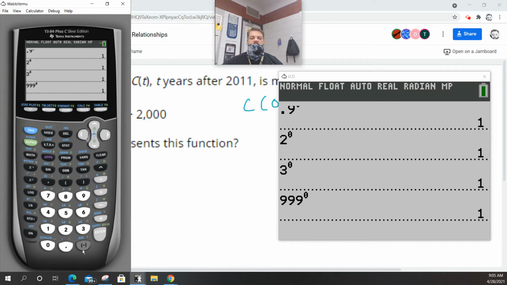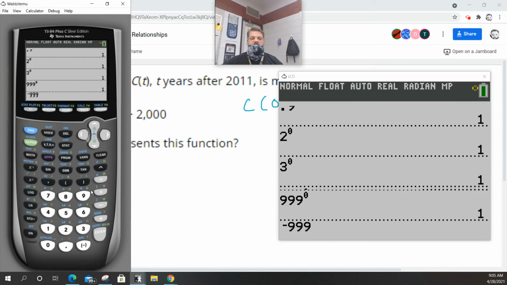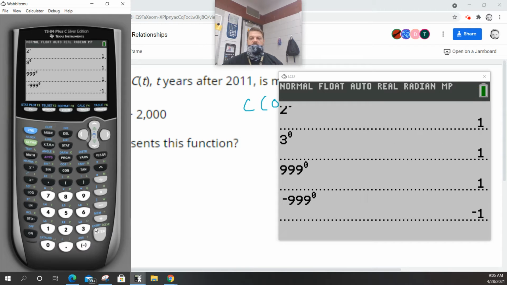They all equal 1. Now, if I do negative 999 and raise it to the 0, what do you notice? But actually, I did that wrong.